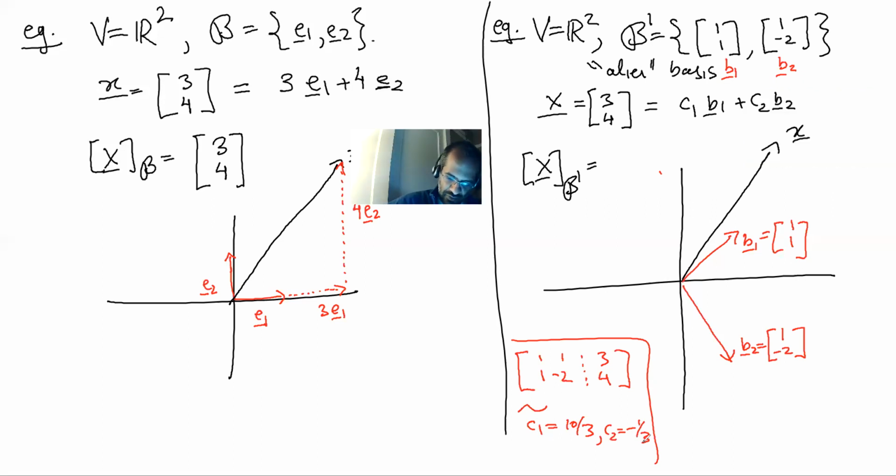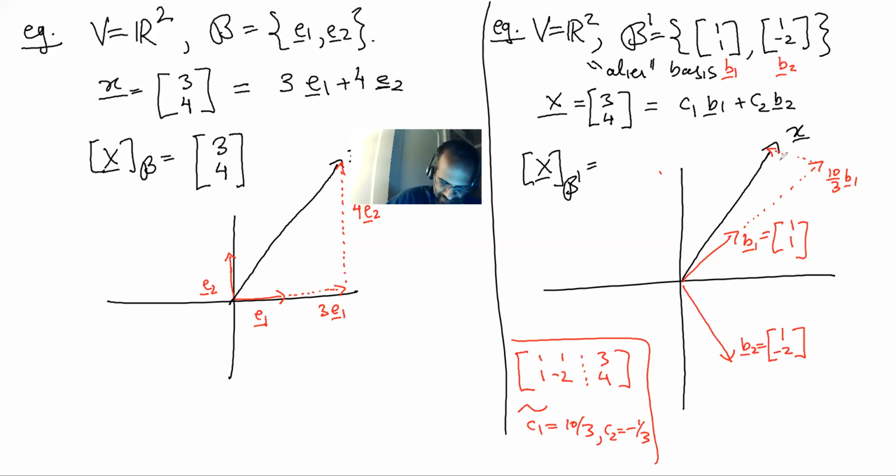Okay. So what is this saying? Well, this is saying that there is an alternate way to describe what this point x is. You now walk 10 over 3 units in the B1 direction. And then you walk minus 1 over 3 units in the B2 direction. I mean, this is supposed to look parallel.